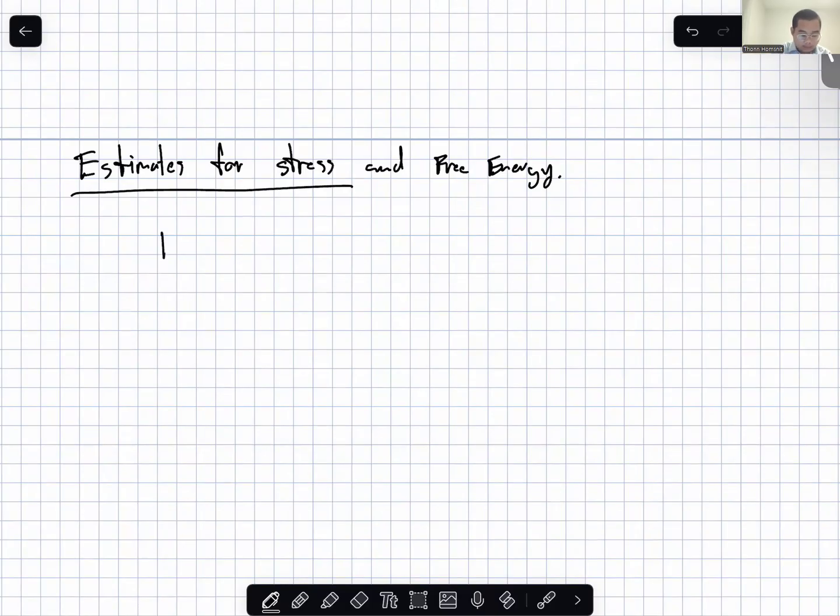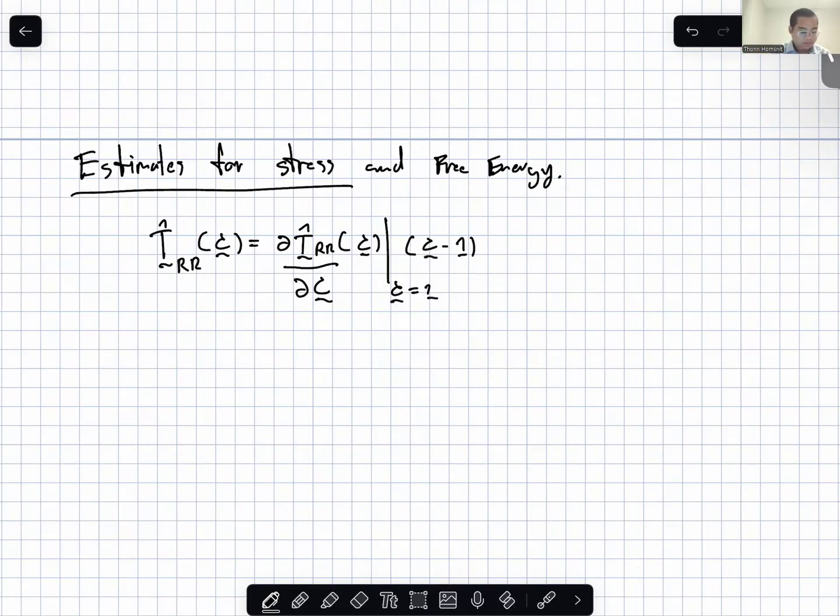So the function TRR, which is a function of C, will be equal to the partial derivative of this function itself with respect to C, evaluated at C equal to 1, times C minus 1, plus the higher order term, or the little o of the absolute value of C minus 1. So just the magnitude, okay?